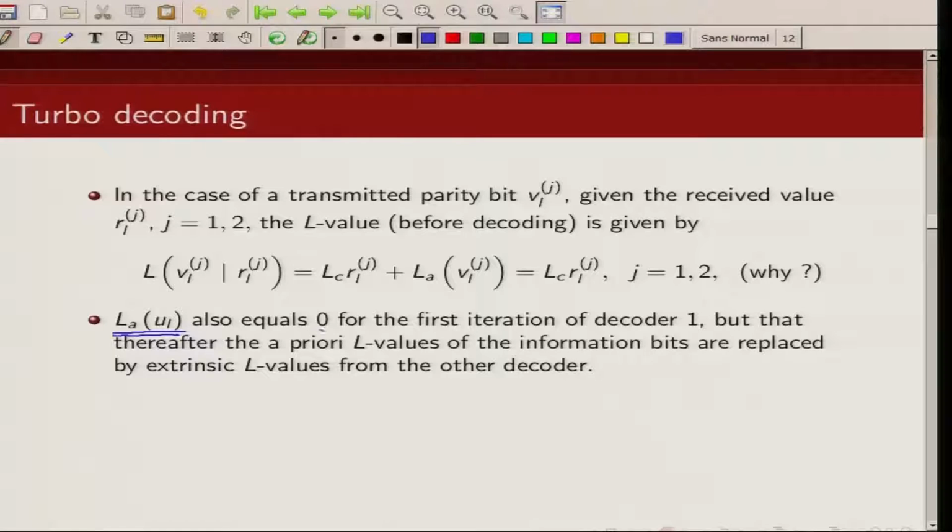So, we would assume that it is equally likely to be plus 1 and minus 1. So, the a priori log likelihood L value will be considered as 0 for the first decoder. But thereafter this a priori value will be replaced by the extrinsic values received from the other decoder, right.